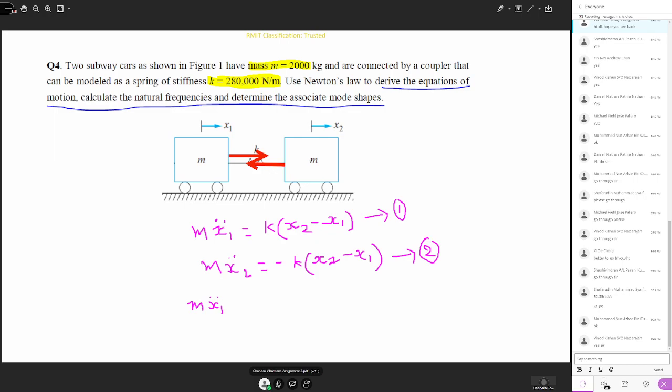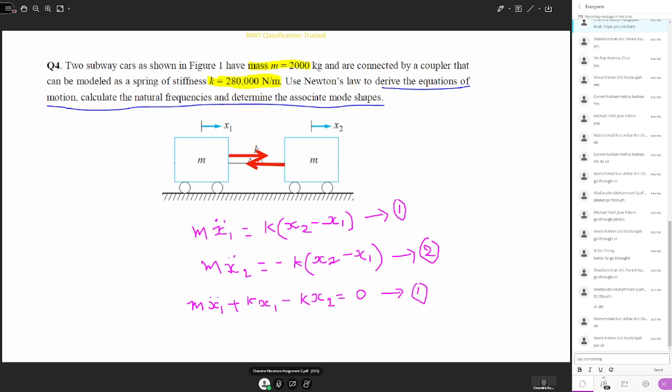If I bring it to the other side, it will be plus kx1, minus kx2 is equal to 0. So this is rearranging the first equation.